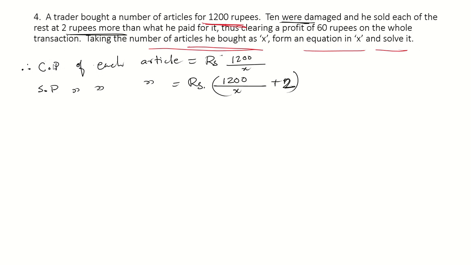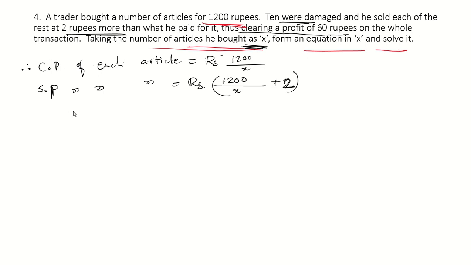So he did not sell x now. He could sell only x minus 10, because he bought x number of articles, but 10 were damaged. He also said, thus clearing a profit of 60 rupees on the whole transaction. So he made a profit of 60 rupees, right?